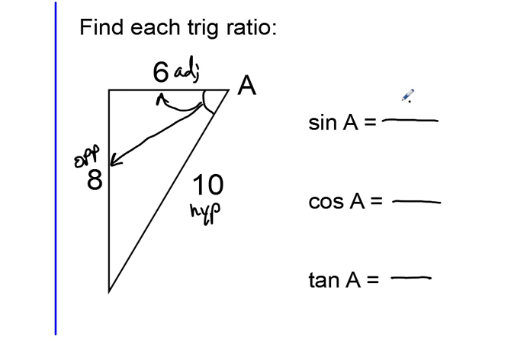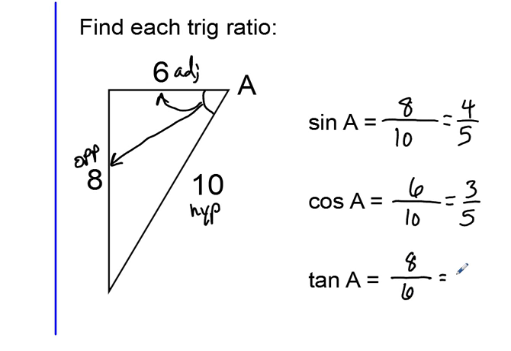So my sine is 8 over 10, opposite over hypotenuse, which we can reduce down to 4 over 5. Cosine is 6 adjacent over hypotenuse, 10, which we can reduce down to 3 over 5. And our tangent, which is opposite, 8 over adjacent 6, can be reduced down to 4 over 3.